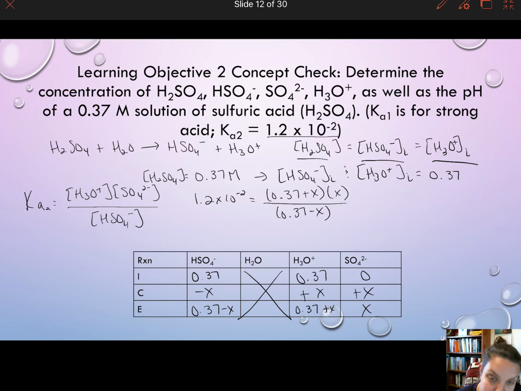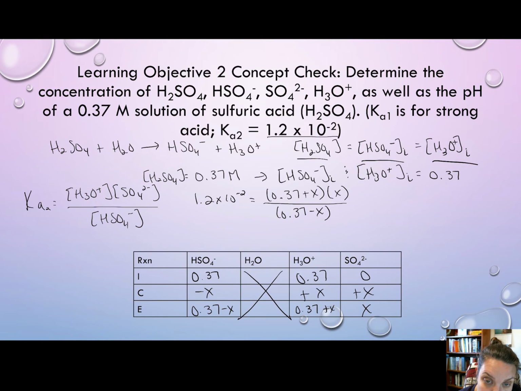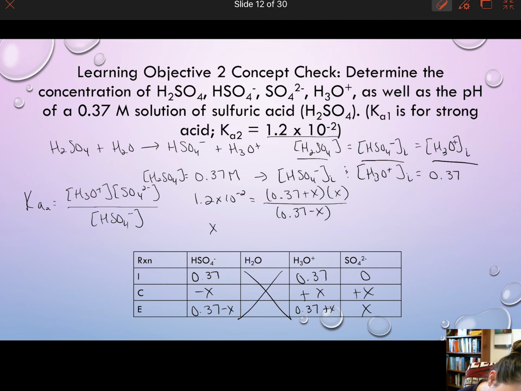So when we multiply across and then combine things on the right, we get 0.00444 minus 1.2 times 10 to the negative 2 x when we multiply both sides by 0.37 minus x.